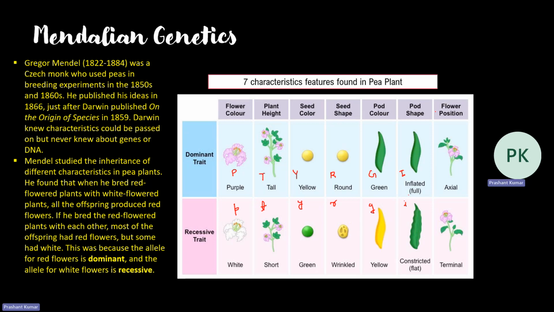Flower position is axillary, that's dominant, so we can say capital A, and small a for terminal flower. So these are the characters studied by Mendel, and we'll see what he has done.